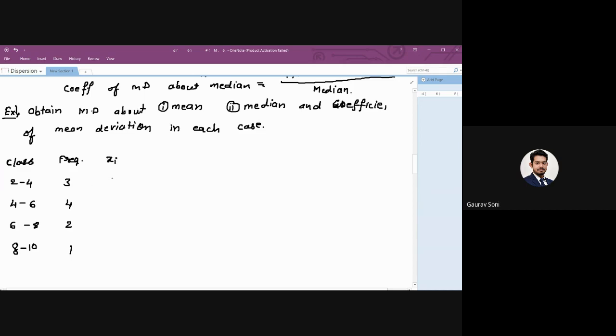So that are 2 plus 4 divided by 2, 3, then 5, 7, 9. Next column.